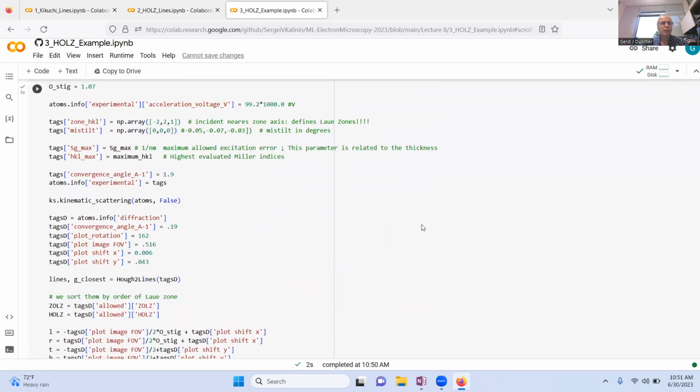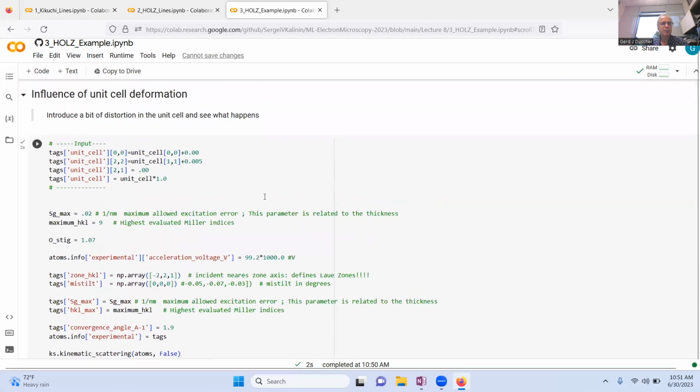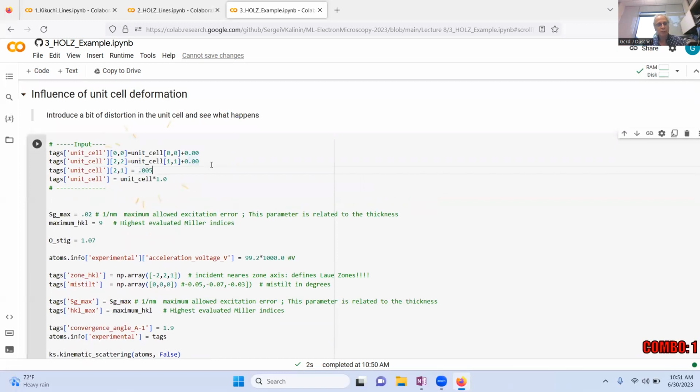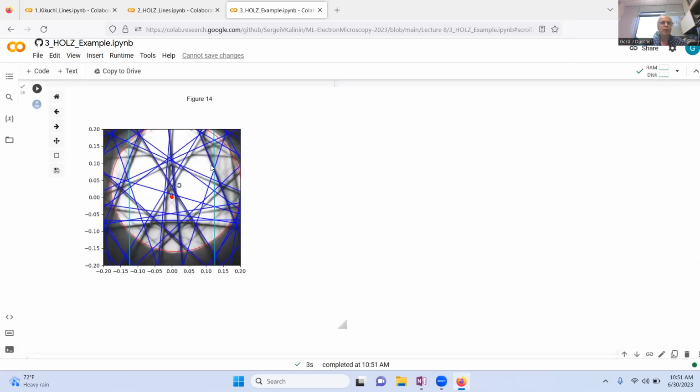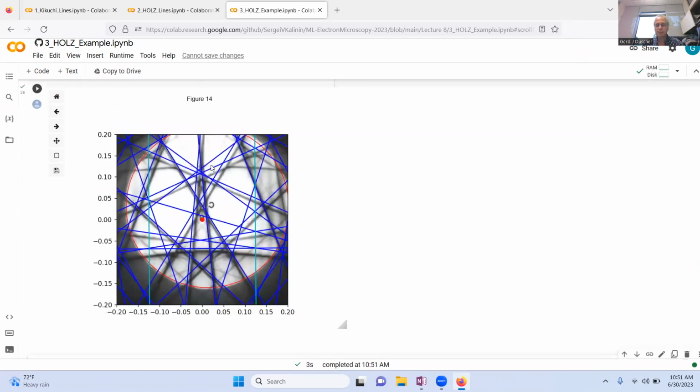Let's go and put some shear into that. Again, we go to the perfect conditions. Half a picometer. And shear, say tetragonal distortions in the Z direction, in the X direction, will get us to strong deviations.